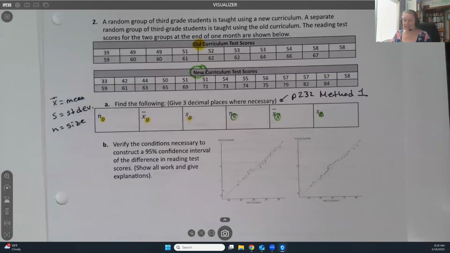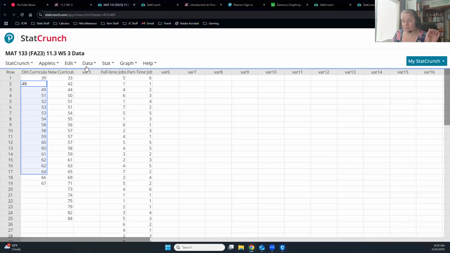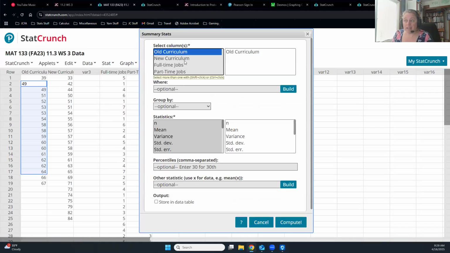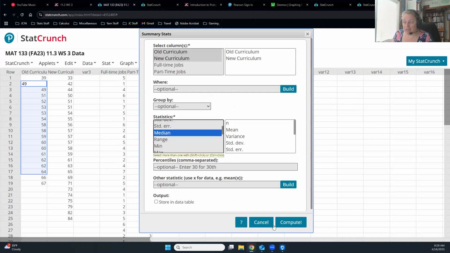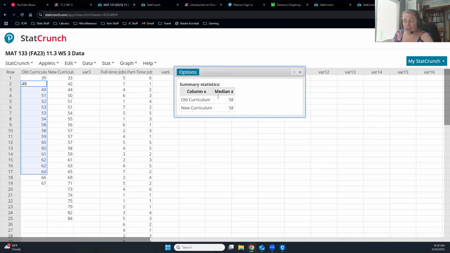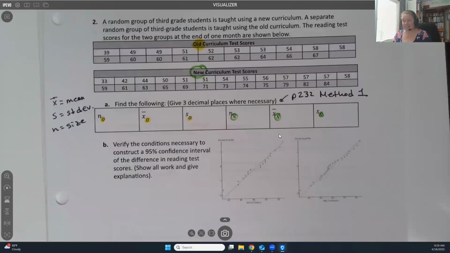The other thing is, when you want to do this, stat summary, stat columns, you can select both columns at the same time. I'm just going to do the median. This median wasn't asked. I just want you to see it. So when you do that, it'll find both of them simultaneously. Just a little heads up, you can do it all in one shot.